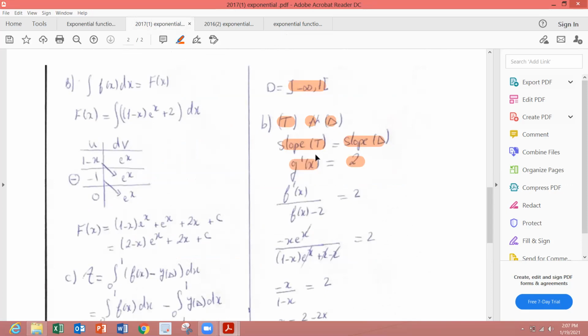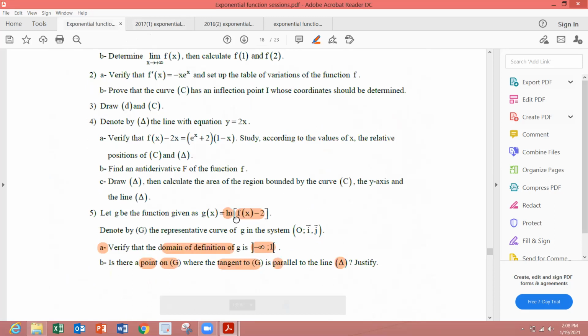Why not f prime? I put g prime because we want a point on g. كيف بنجيب الديريفاتيف لل ln u؟ What is the rule for the derivative of ln u? The derivative of ln u is u prime over u.